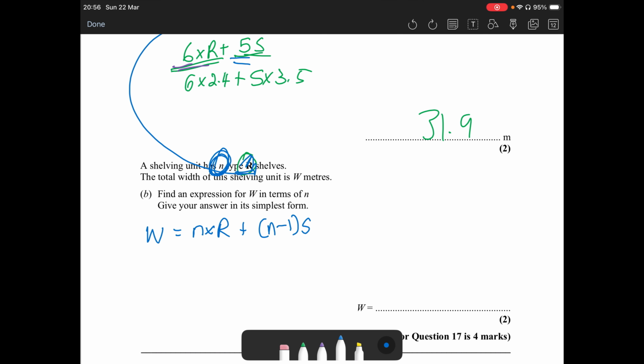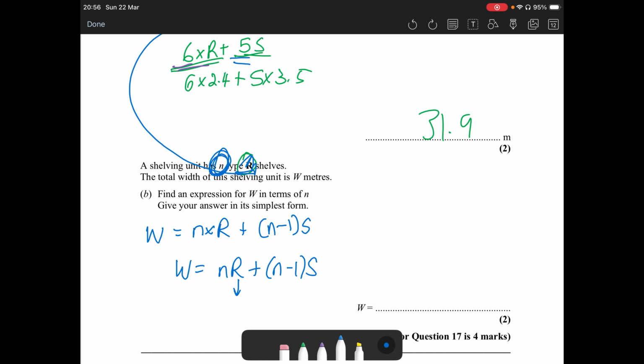Fair enough. So now all we've got to do is make this equal to W. So W equals, the total width is N capital R plus, in brackets, N minus 1 S. I don't think you need to expand that. Or do we? Hang on a minute. In terms of N, okay. We do know how big these shelves are, don't we?